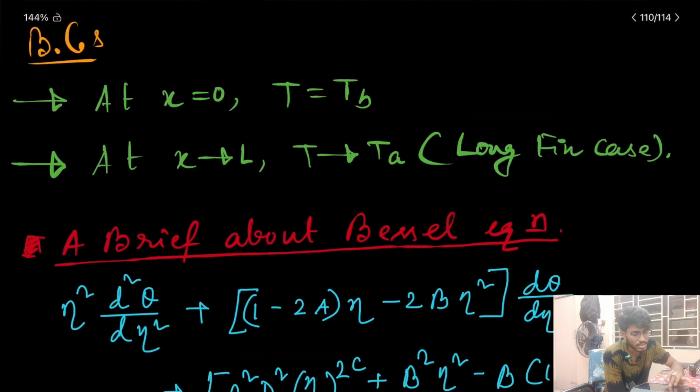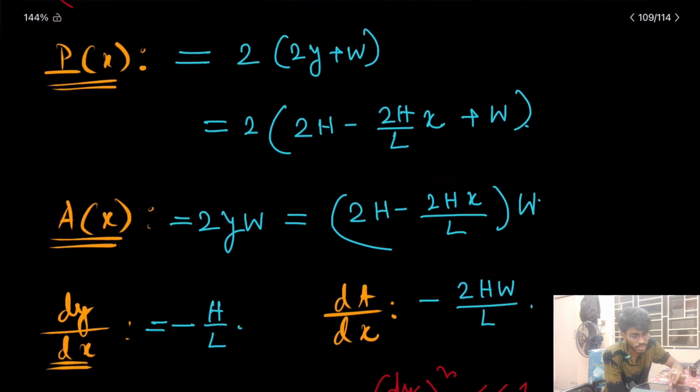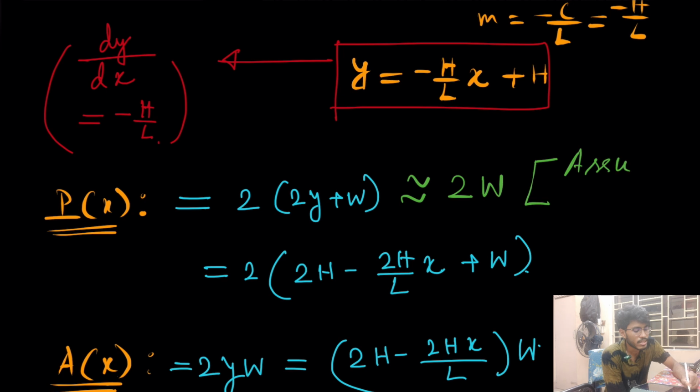What is my perimeter? Let me go down to very back. So here I will consider it as my 2 into W. In what condition? I am taking an assumption that W is much greater than 2h.